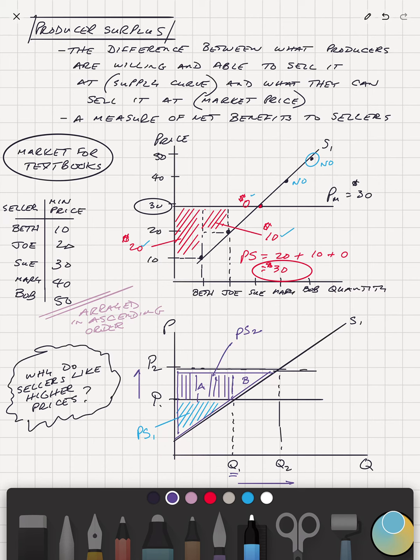So B, this triangle out here to the right, is the producer surplus to additional sellers, people who weren't willing and able to sell at P1 but are now willing and able to sell at P2. So producer surplus at time period 2 is equal to the original producer surplus, PS subscript 1, plus A and B. Producers like higher prices because the net benefits to producers or sellers increase.